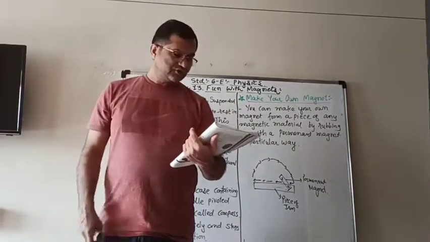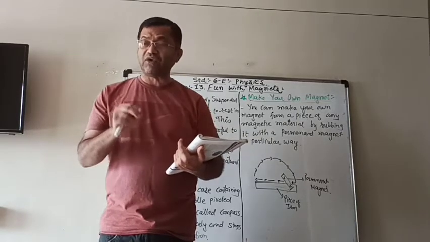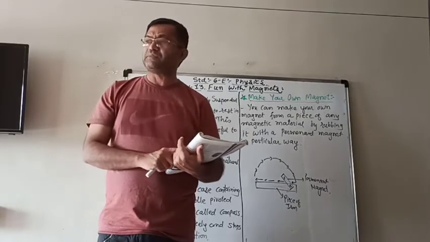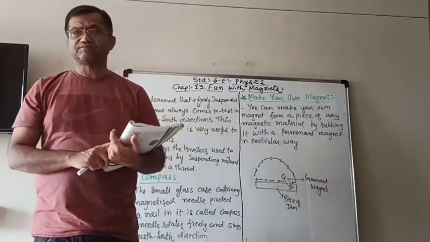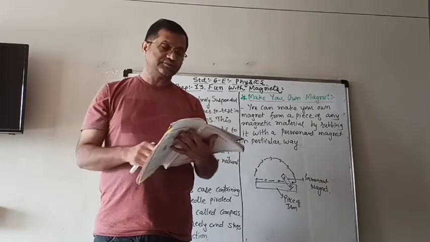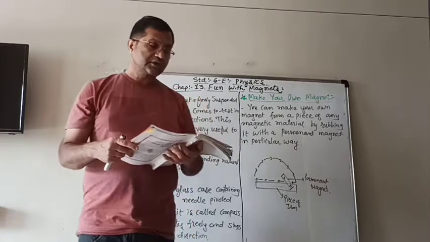By this way, wherever you are in the world, you can decide the proper directions, and it will be very helpful for us. So this device is known as the compass.